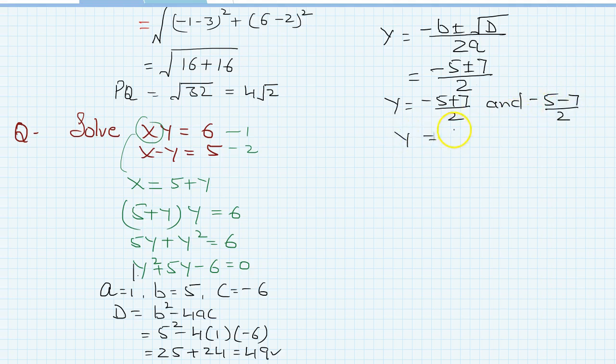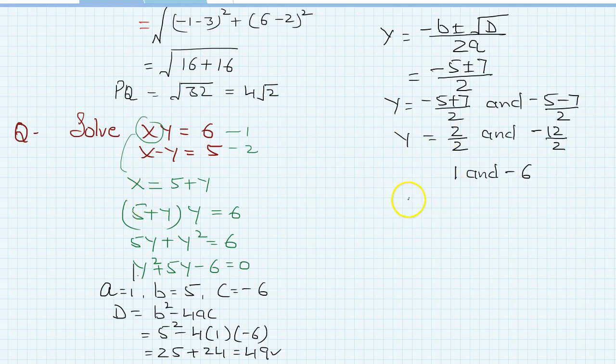So y is equal to 2 over 2 and y is equal to minus 12 over 2. So the value of y is 1 and minus 6.